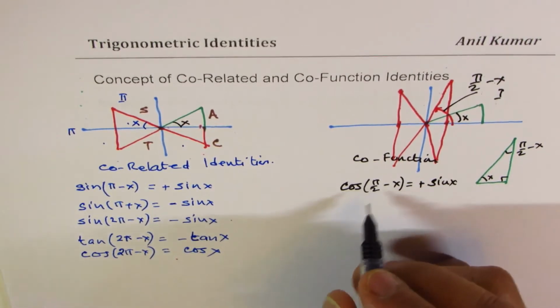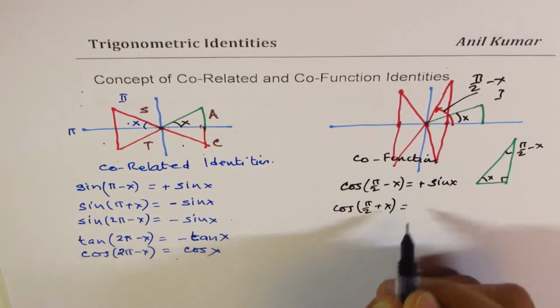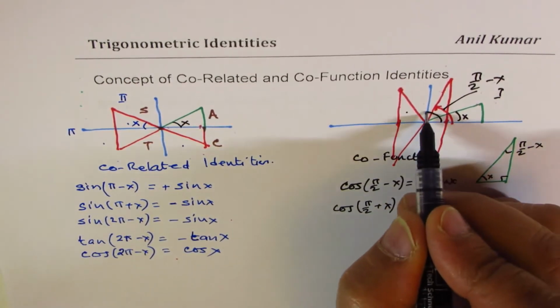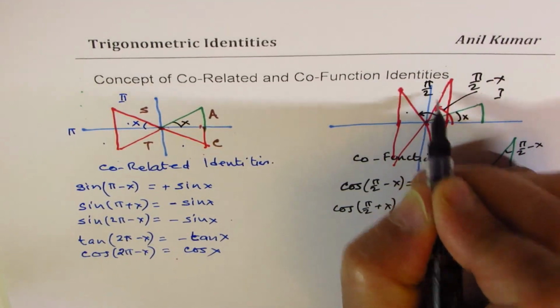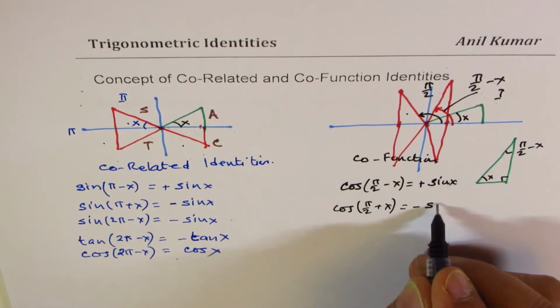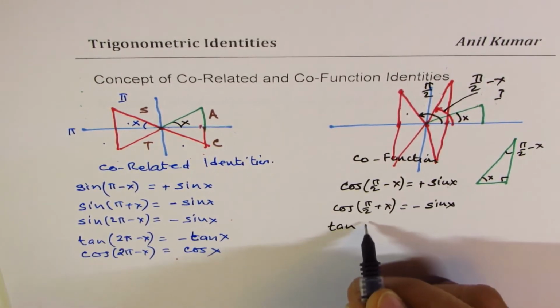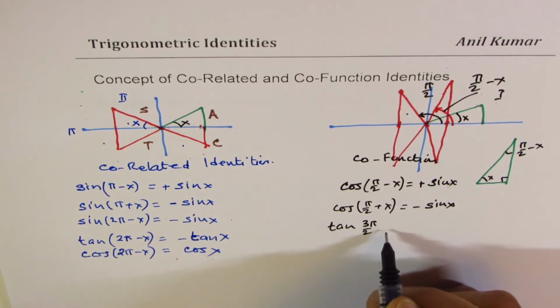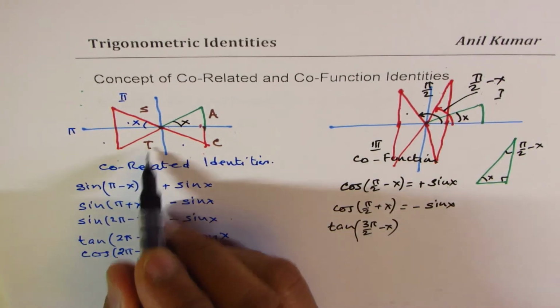However, if I do cos of pi by 2 plus x, we are in quadrant 2. This angle is plus x on pi by 2, right? So here, since cos is negative, we get negative sine x. Got it? So if I do tan of 3 pi by 2 minus x, we are in quadrant 3, where tan is positive.